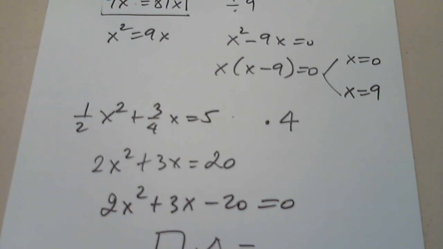I need two numbers whose product is -40, because we have to incorporate now the leading coefficient. The sum, however, never changes.